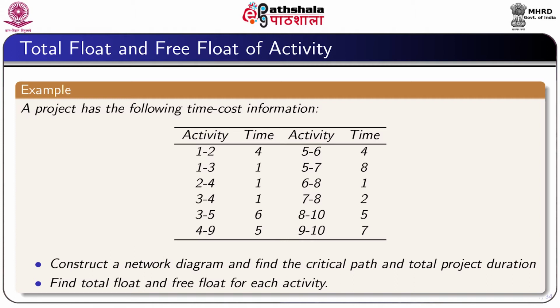We have to construct a network diagram and find the critical path and the total project duration first, and then we have to find the total float and free float for each activity.